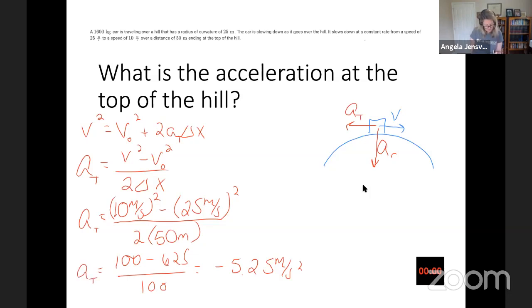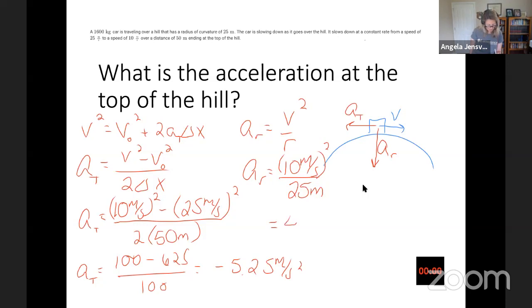And then the radial acceleration, we know is v squared over r. So at the top of the hill, the speed is 10 meters per second, divided by the radius, which is 25 meters. 100 over 25, we can do that in our head.